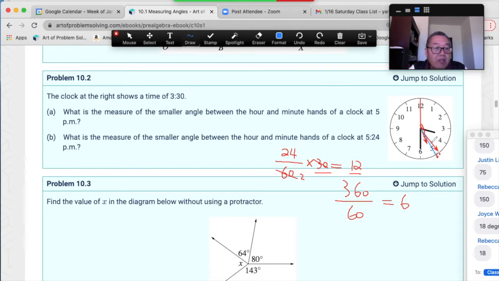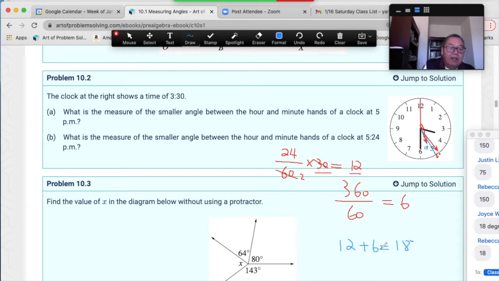What I want to say is that the 5 o'clock sign forms, with this blue line segment, 12 degrees. And the minute hand forms an angle with this blue line segment of 6 degrees. Therefore, the hours hand and minutes hand form an angle of 12 plus 6, which equals 18 degrees.